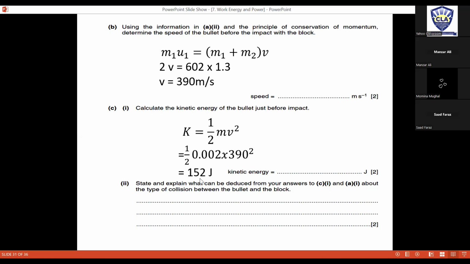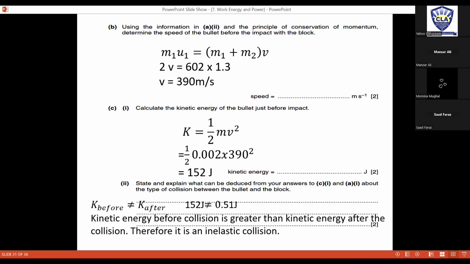This is the kinetic energy before impact, and we calculated the kinetic energy after the impact. It was only 0.51. Is it elastic? No, it is not elastic because kinetic energy before is not equal to kinetic energy after the collision. Therefore, it is an inelastic collision.